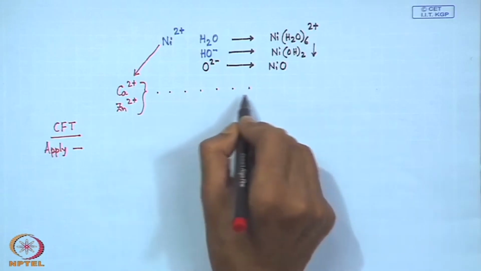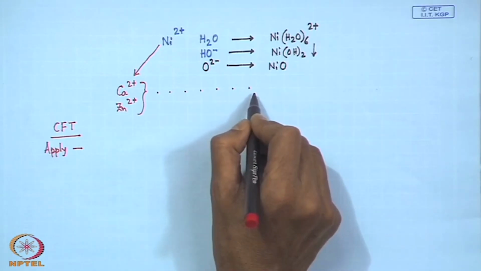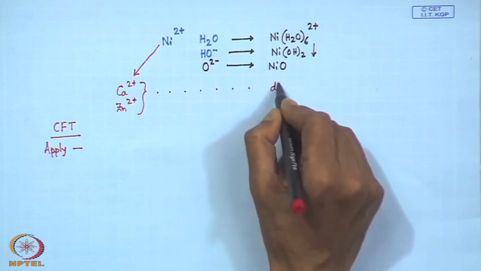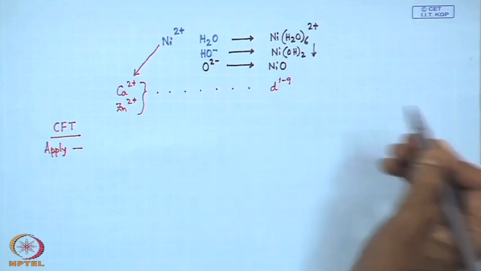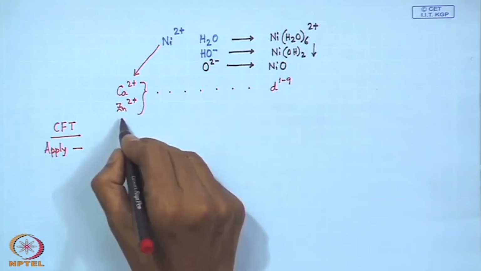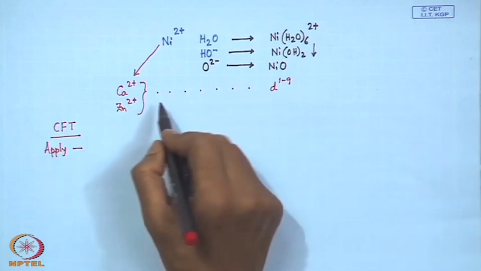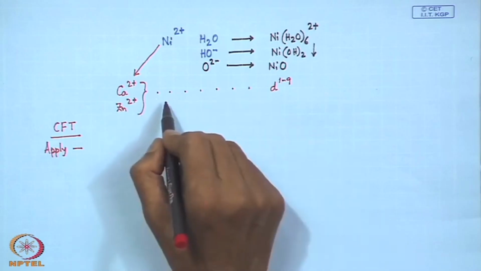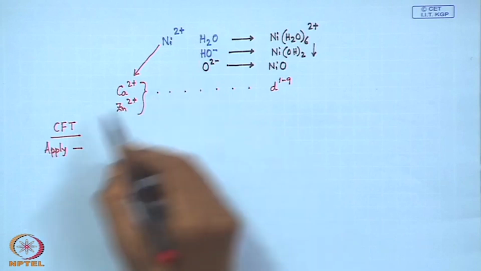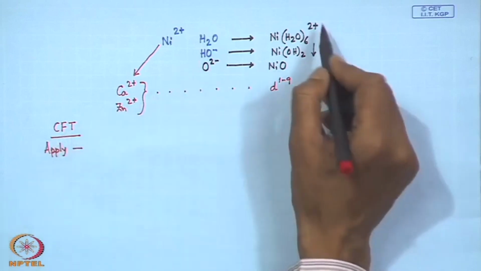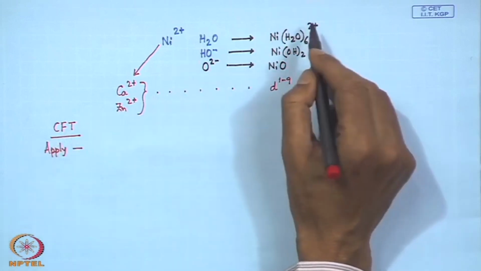So when we start filling up all these metal ions with some d electron configuration from d1 to d9, when it is d10 we get the zinc 2 ion. So due to the presence of these d electrons in the system, their interaction in terms of the corresponding crystal field which is forming around these species.